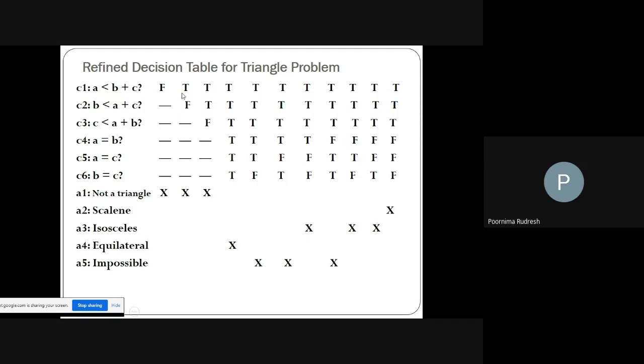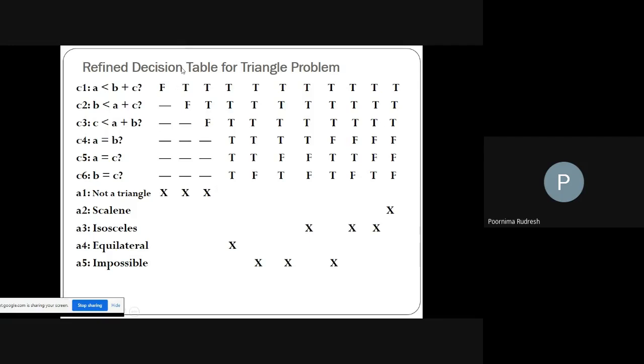And the second one: the first condition is true, A is less than B plus C, but if B is less than A plus C is false, then we cannot form a triangle. And the third one is, if C is less than A plus B is false, then also we can't form a triangle. If one of these three conditions is not satisfied, then it is not possible to construct the triangle. Hence, the program will output the message that it is not a triangle.